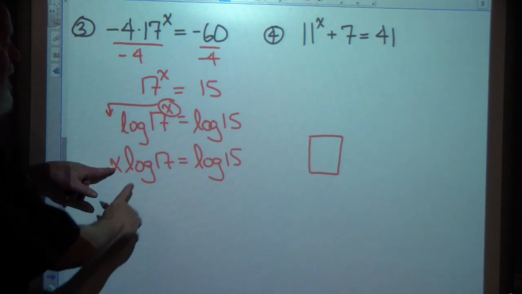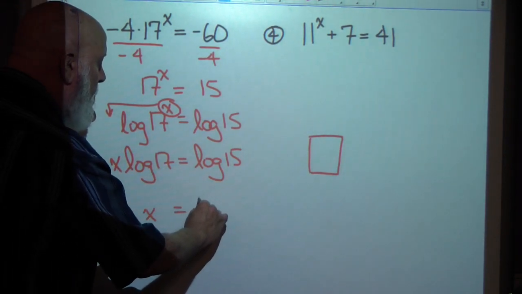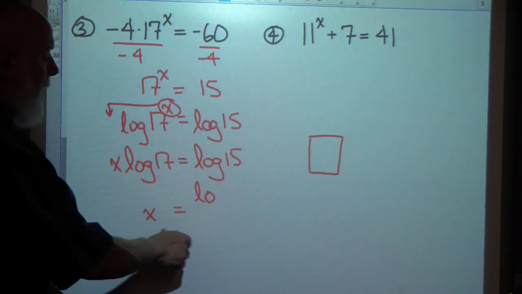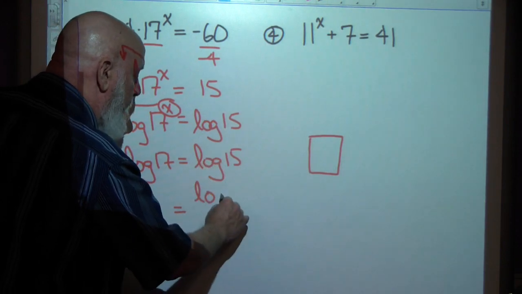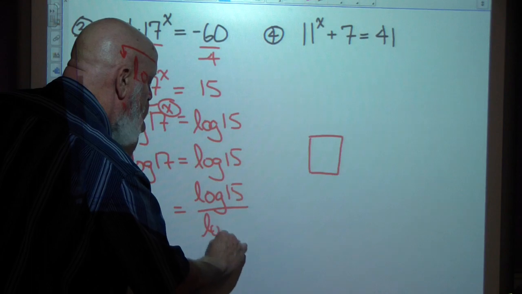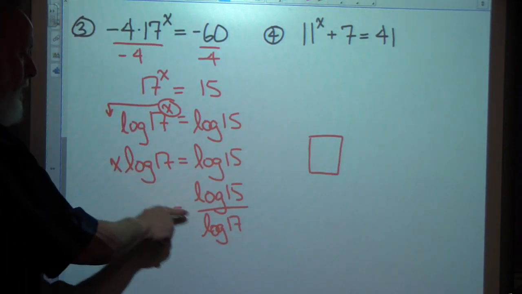I want to get x by itself, so I'm going to divide both sides by log 17. On this side, that will give me log 15 over log 17. That's what we get if we divide both sides of this by log 17.